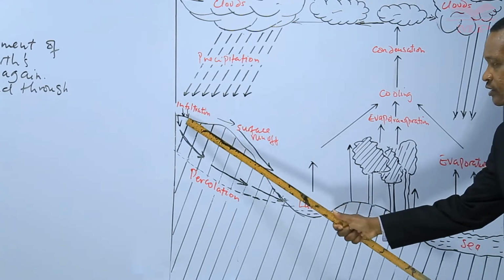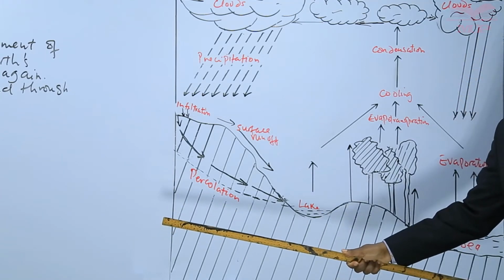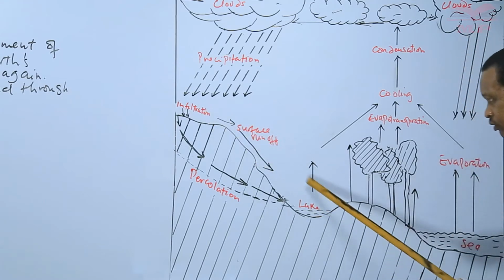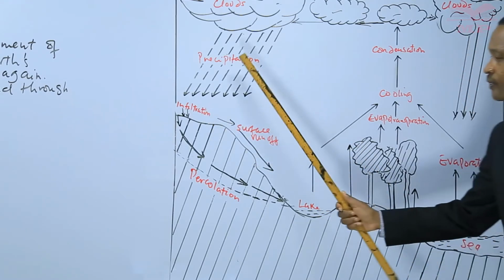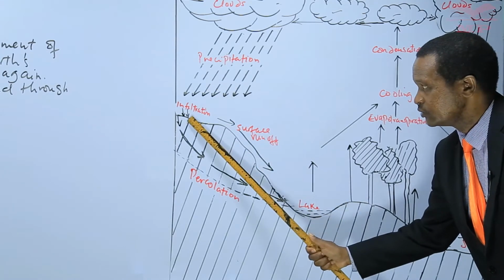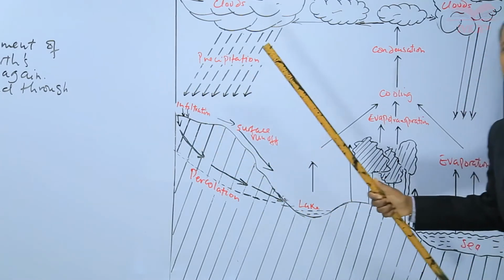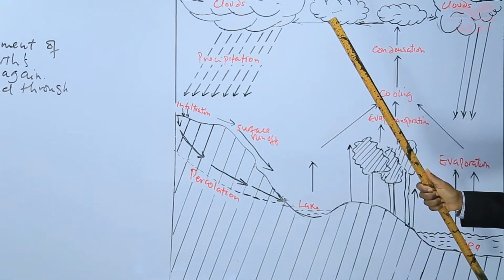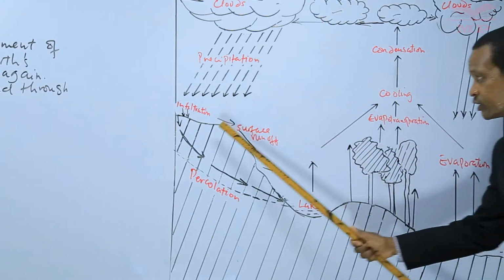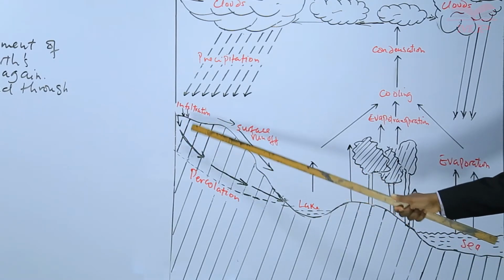So it hits, then it seeps into the ground. I've explained how the surface water flows. But there is some water, learners, that when it hits the ground, does not run on the surface, but seeps into the ground through joints and cracks found between rock particles. And you can see here is the water. That is the direction of the water.